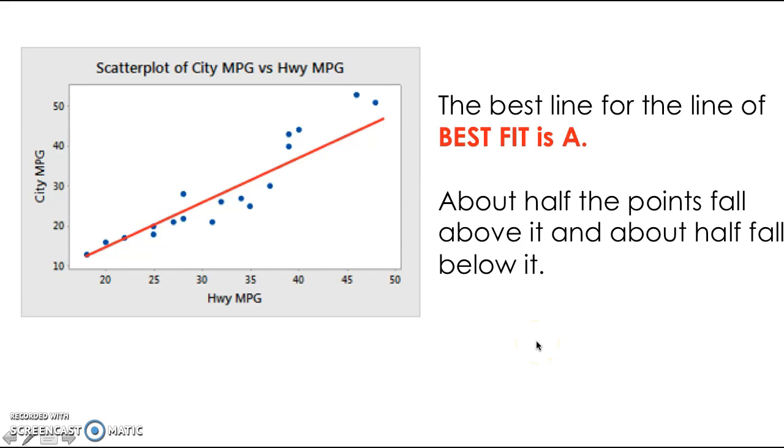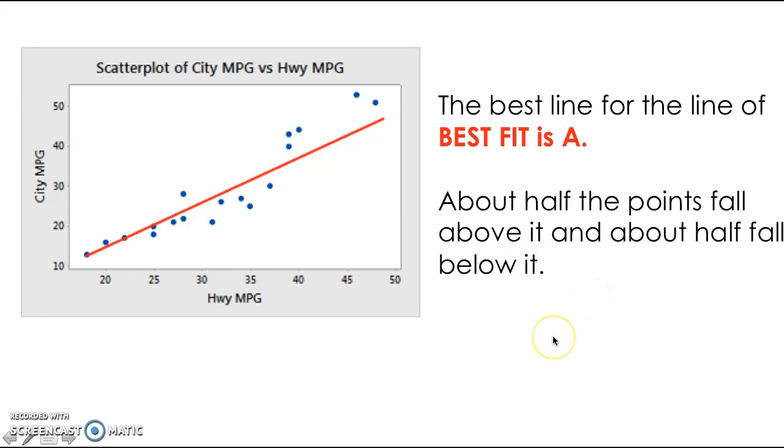So I want you to now pause the video and let everybody copy down on the little area next to the diagram that the most accurate line of best fit is A. I know that's a tricky sentence, but we're just going to say the most accurate line of best fit is A. Why?